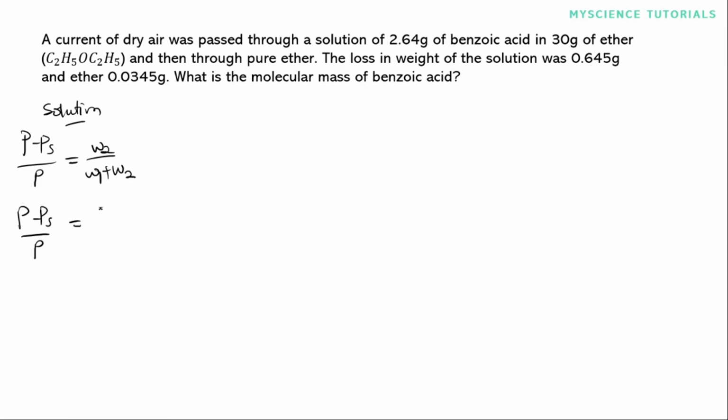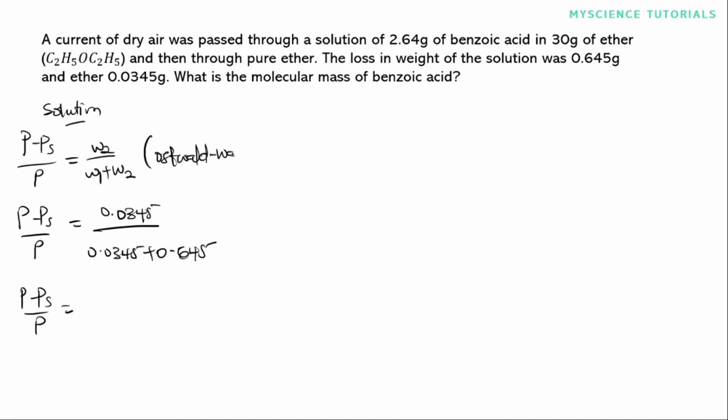So we have 0.0345, which is the W2, over 0.0345 plus the W1, which is this, 0.645. So the relative lowering of vapor pressure from the Ostwald-Walker method is equal to, if we punch everything into the calculator, 0.051.